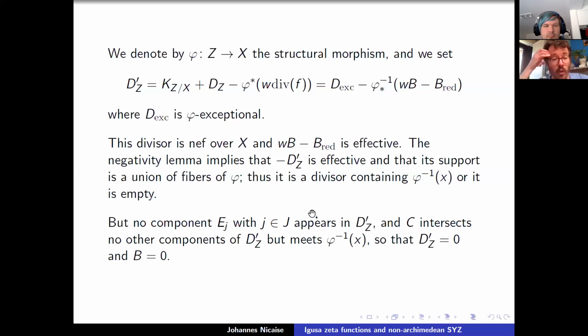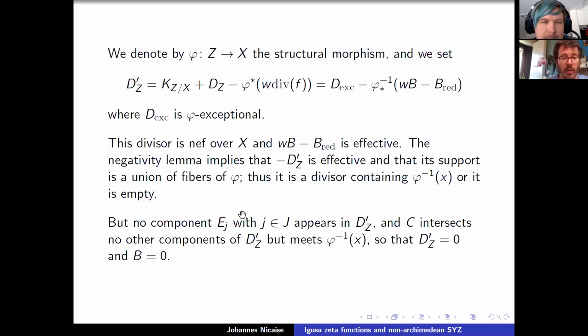Now, none of the components EJ with J in capital J can appear in dz prime because, by the definition of W, if you calculate the multiplicity of this component in dz prime, you will find 0. You will get a cancellation between the log discrepancy, which appears in these terms, and W times the multiplicity of the divisor, which appears in this term.